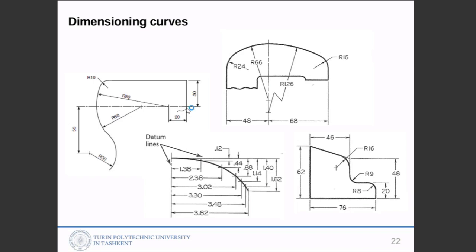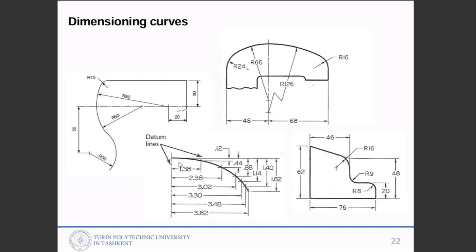For example, from here, 20 on the left, and then we can draw the R80, and then this reference is given 30, and then another one. So draw like this, and to draw this one, we can show this reference 55, and from this point we can draw another arc. So this is called radiography. With many radii, we can generate curves.